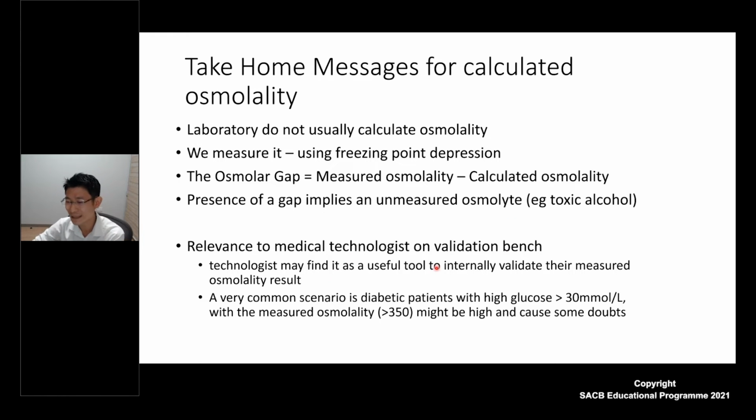The relevance on the validation bench is that, let's say you have a very weird high plasma osmolality and you're not very confident, you can do some calculation. If they are internally consistent, you can release the result. But sometimes, like 5% of the time, it is really because there is supposed to be a gap between the calculated and measured osmolality.